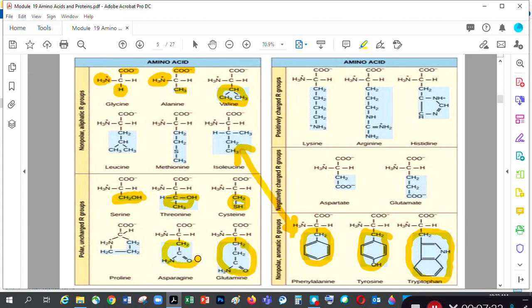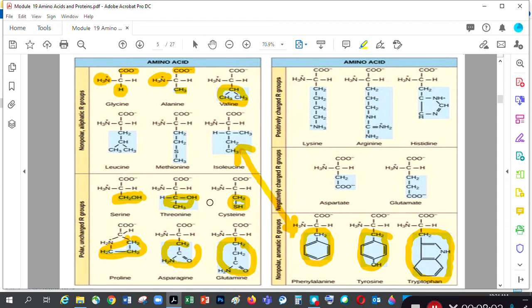Another amide, that's polar. And this one looks like another amide. Now this one looks like an amine group, more or less. So the whole thing is polar, but the R group here is not charged.